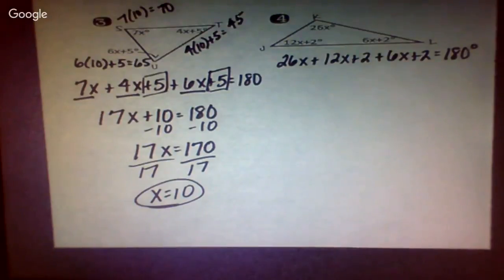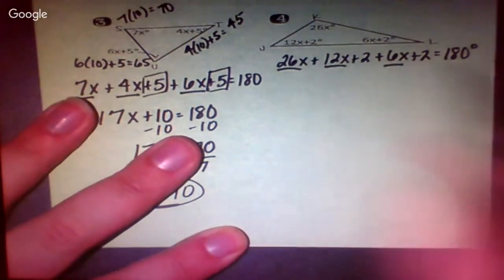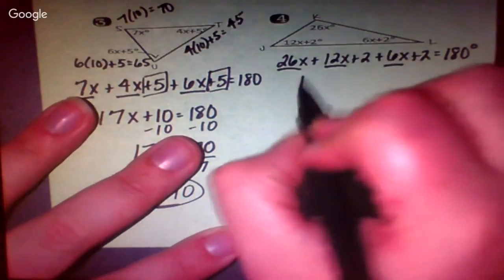When I combine like terms, Christian, what does that give me for x? You've got 26, 12, and 6. 44.